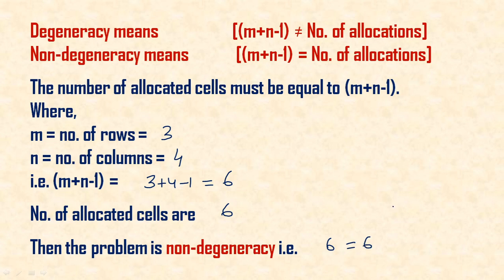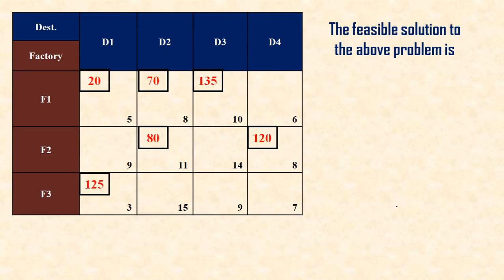That means we may directly calculate the total cost without any change in the matrix.